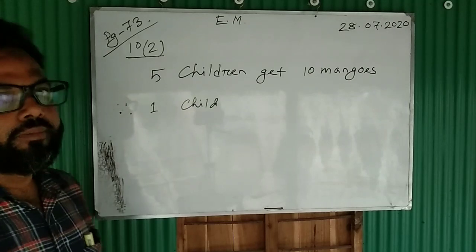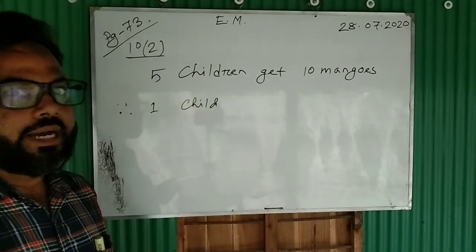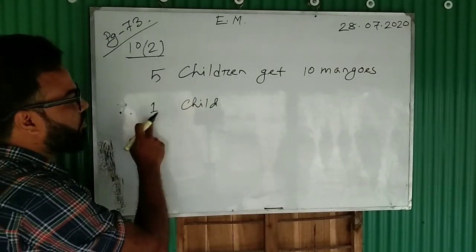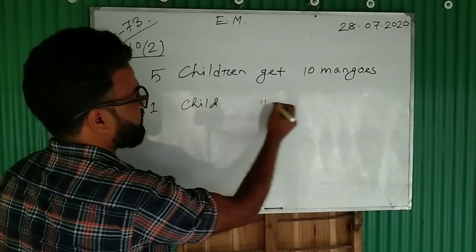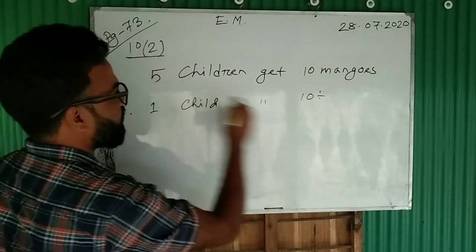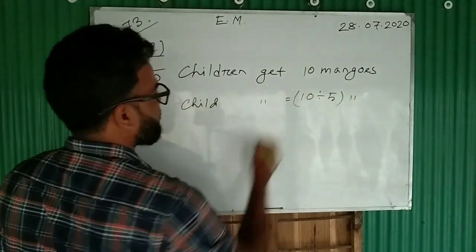Why one? Because in the question, each child gets. That means it is equal to 1. One child gets 10 divided by 5 mangoes.